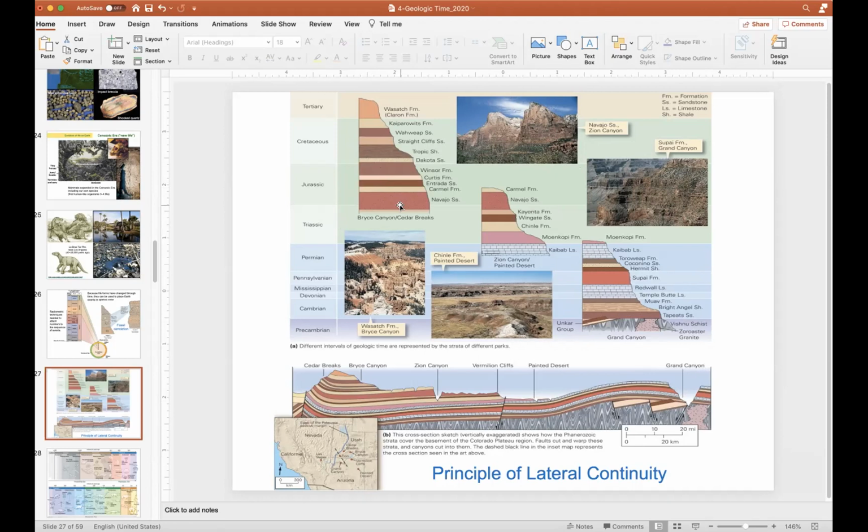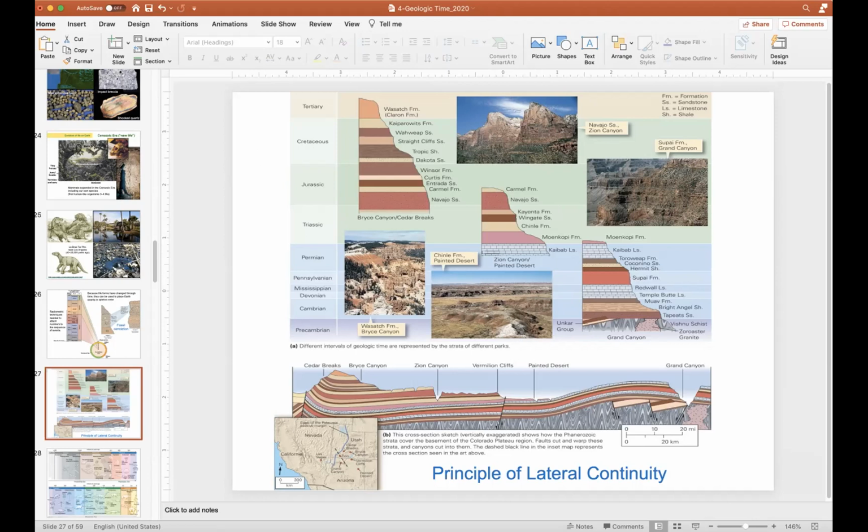Someone help me out. Original horizontality? Well, that's another one. So these sedimentary layers, or anything that was deposited on Earth, like a lava or a sediment, was originally horizontal or close to it. It might fill in some gullies or whatever, but generally horizontal.